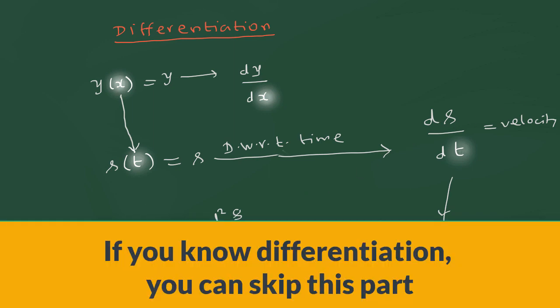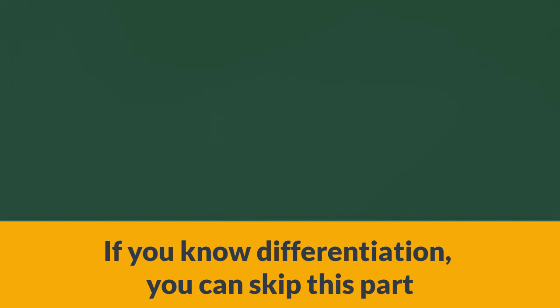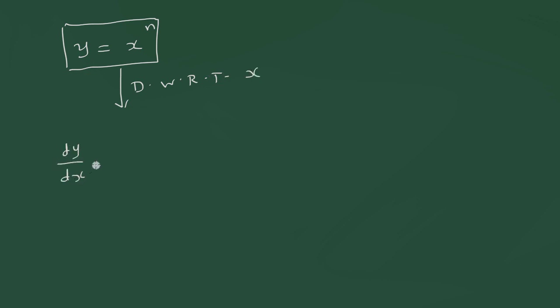That's all about it. Now what all you need to know is this much. Suppose y is x to the power n, then your first derivative, if you differentiate this with respect to x, you will be getting dy by dx, which is equal to n into x to the power of n minus 1.